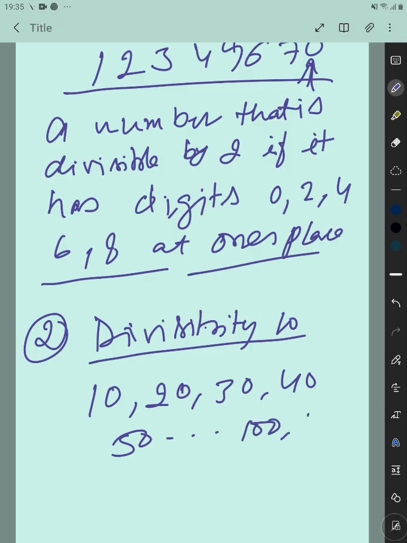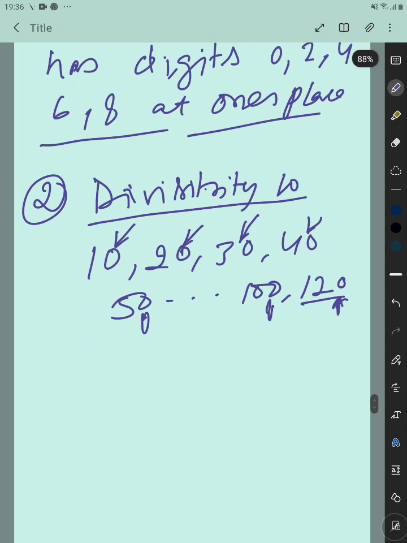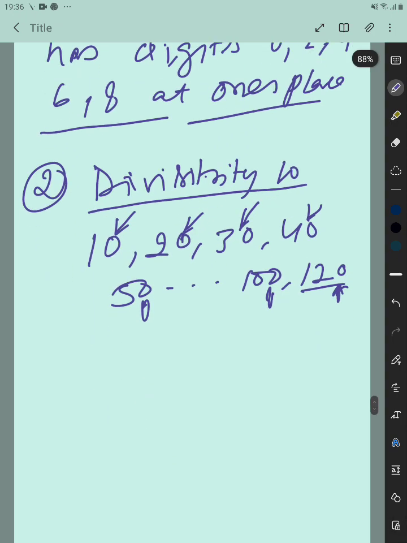You can go to 100 also, 120, and so on. What we see is that at the ones place it is always 0. This is the common pattern, and we need to observe the pattern. So if the ones place is 0, then the number is divisible by 10.